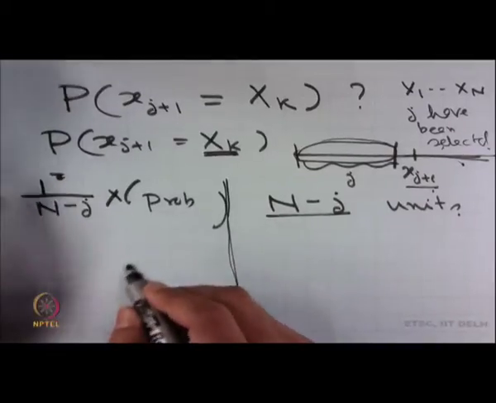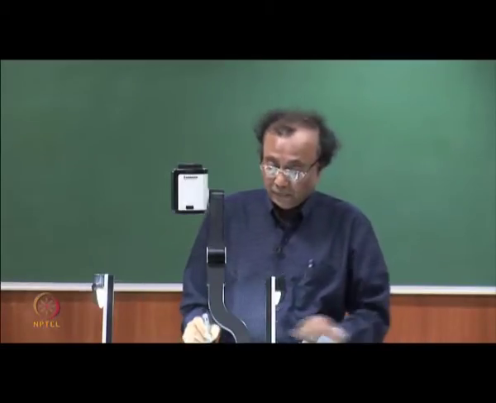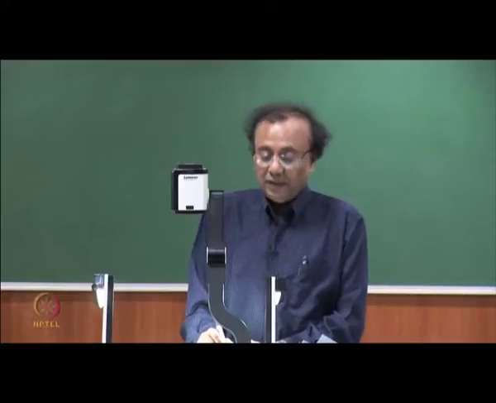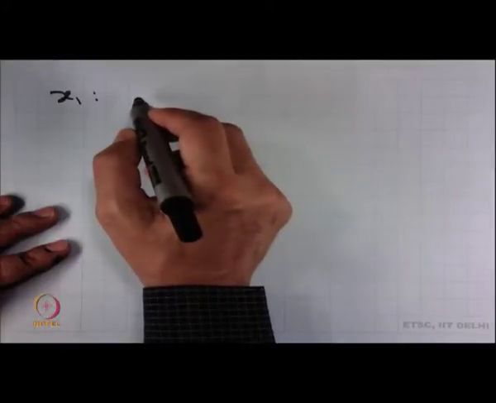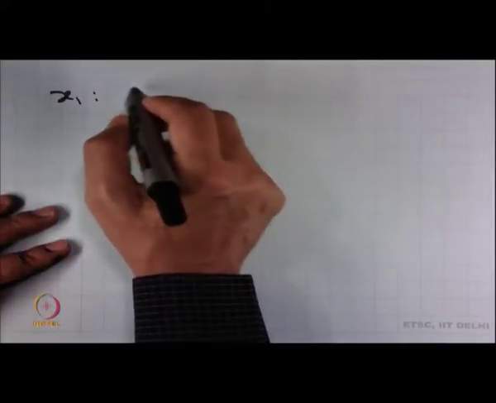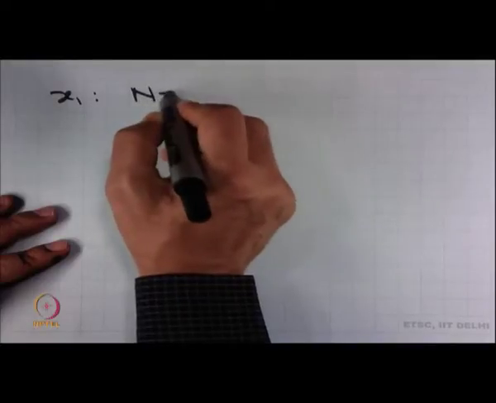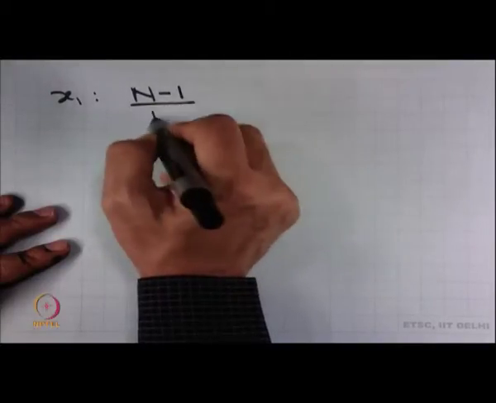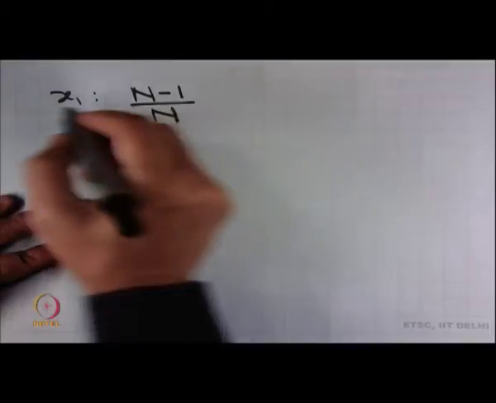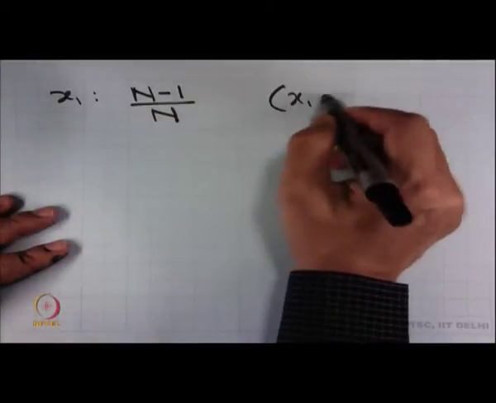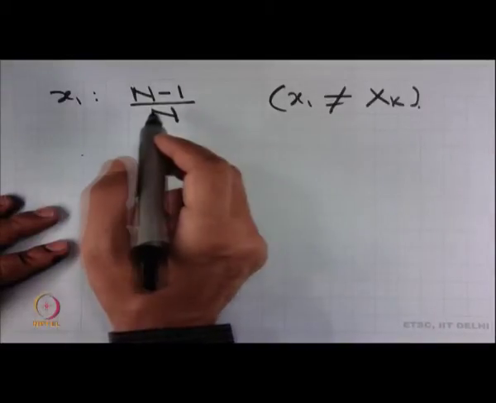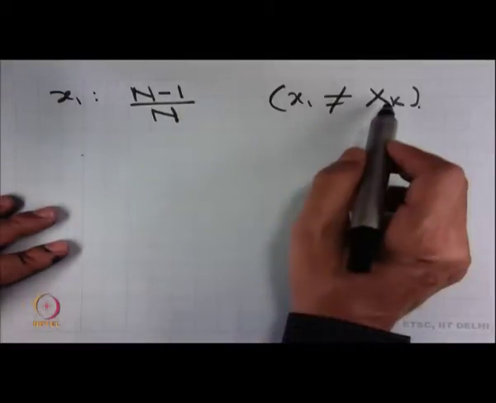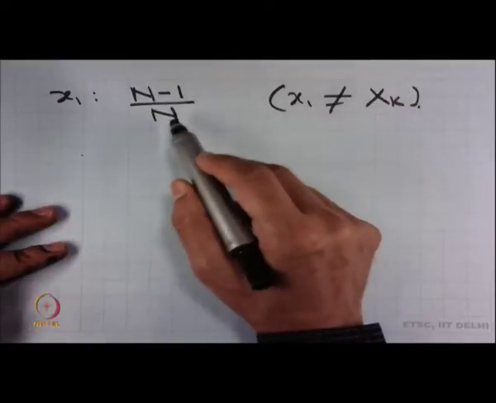So, we do it in the following way. In the first instance, we can choose something other than the x k, that has the probability n minus 1 upon n, because out of n, one of them is x k, and so that we cannot select.